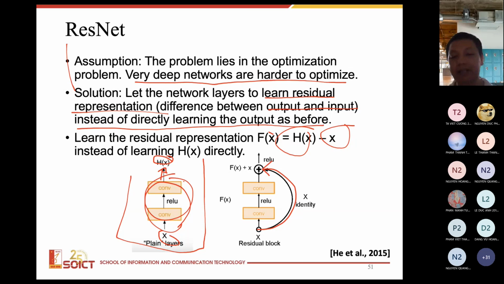To make it easy to understand, you might think that you have the shortcut that gives the signal a chance to go directly from the input to the output, right?